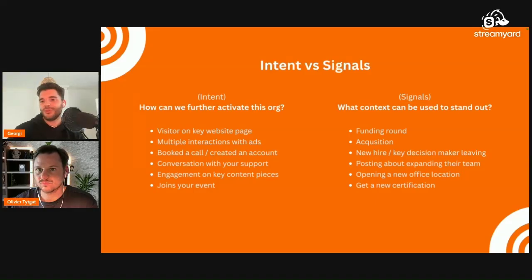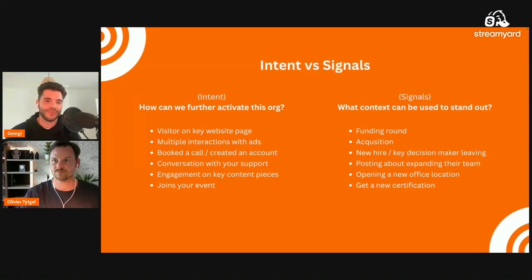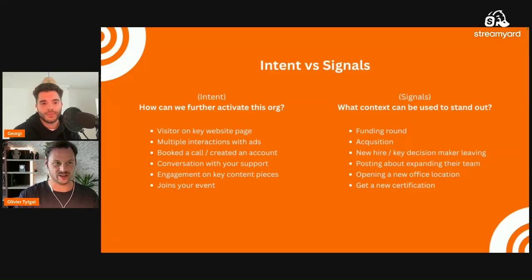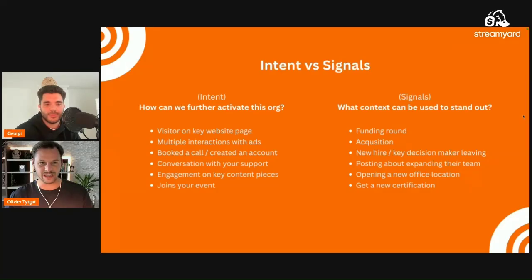What is the difference between signals and intent? Yeah, I would say, when it comes to a new definition of intent, or a simplified way of putting it, as I said already, a signal is a combination of circumstances or data points that give you almost undeniable facts that the assumptions or hypotheses you have when reaching out or going to the market align with what's going on in that company.